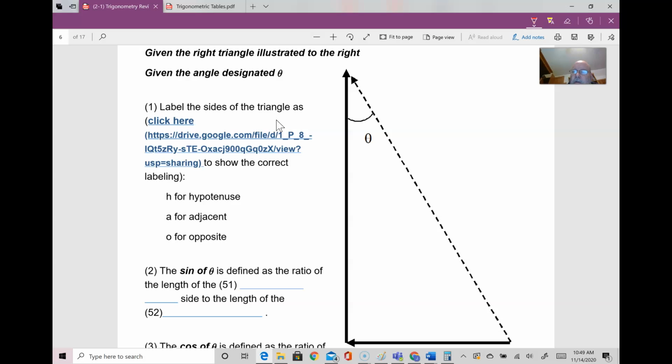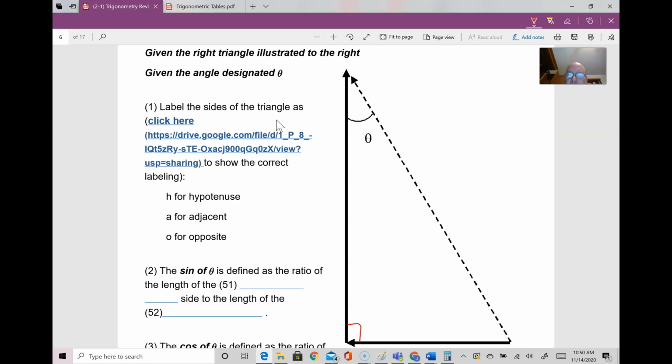So if I have a right triangle, and I know that it's a right triangle because I've got a right angle down here, the first thing I need to know how to do with 100% certainty is label the sides of the triangle with hypotenuse, adjacent, or opposite.